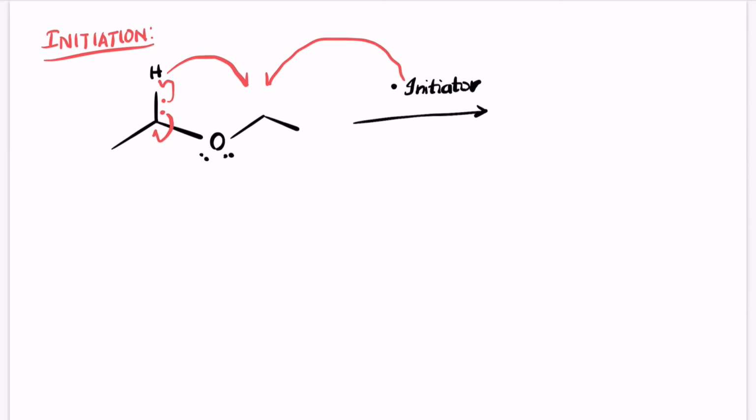This results in the ether having a single electron on its carbon and the oxygen having its two lone pairs. Once the initiation occurs, the second step in any general process is propagation.